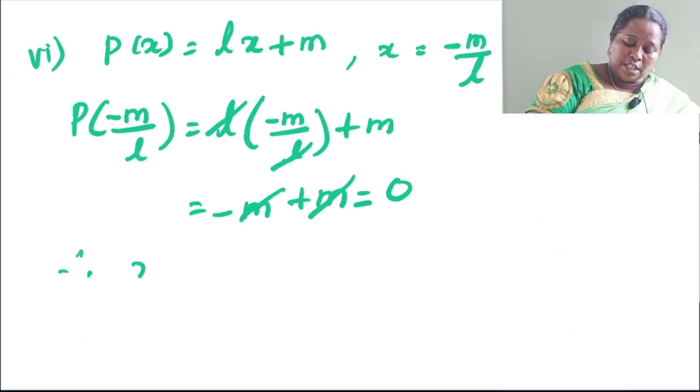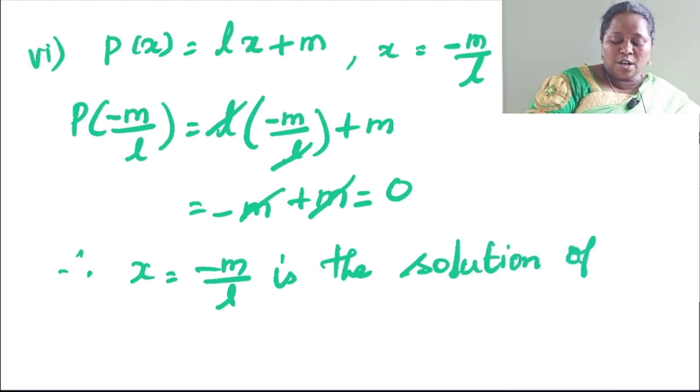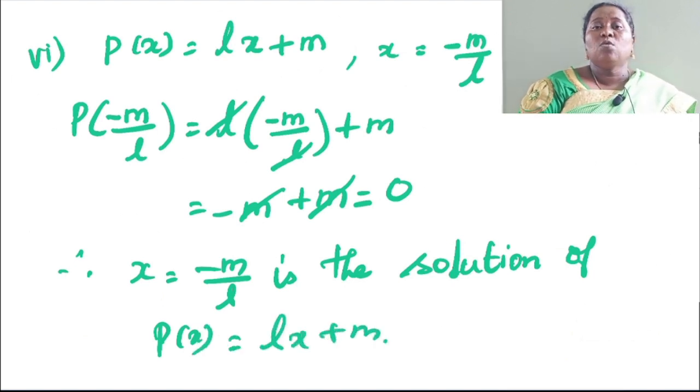Therefore, x is equal to minus m by L is the solution of p of x is equal to Lx plus m. Once again I will repeat, children. p of x is equal to Lx plus m, x is equal to minus m by L. Substituting, L into minus m by L plus m.